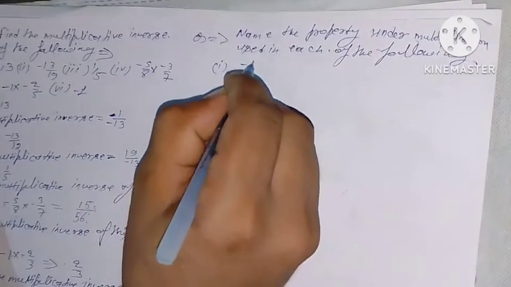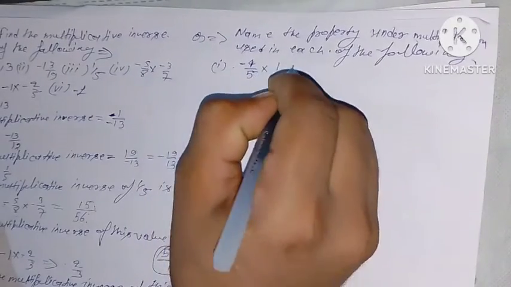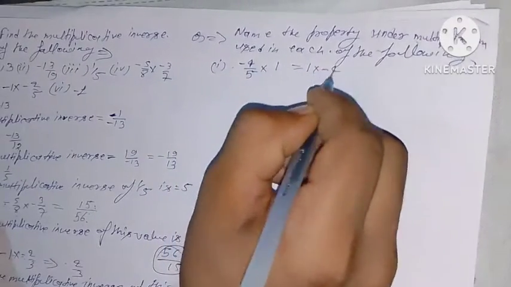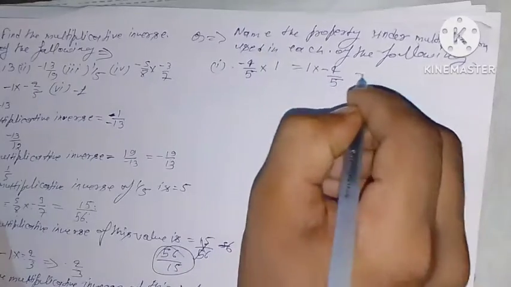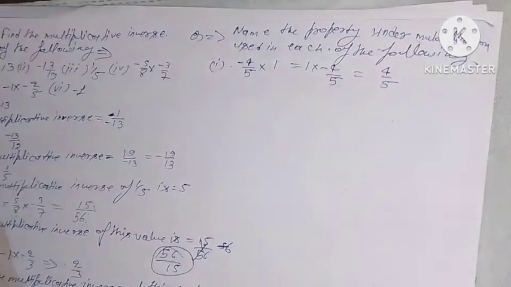First question is minus 4 upon 5 multiply 1 equal to 1 multiply minus 4 upon 5 equal to minus 4 upon 5.